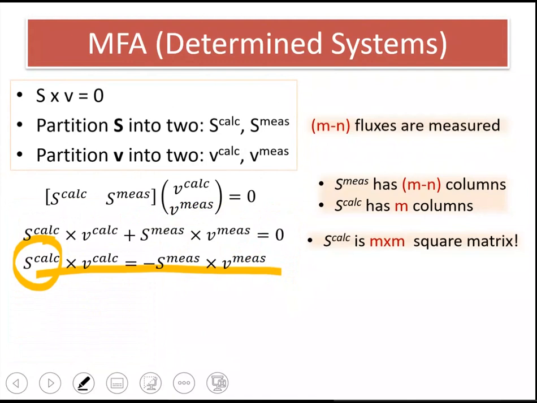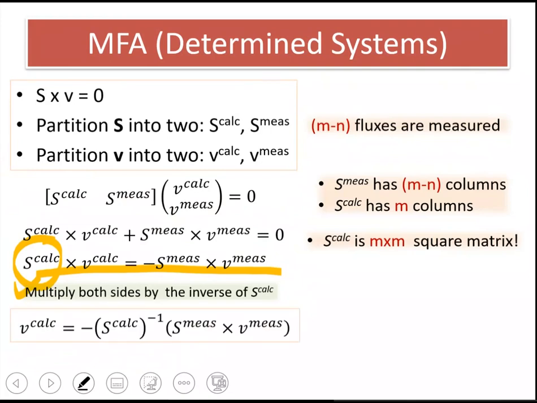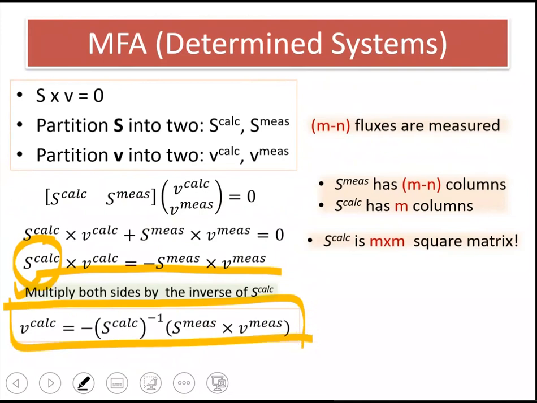Then I will get rid of S-calc on the left-hand side, and I will get an expression for V calc. So if I know my V measured vector, if I know S measured and S to be calculated matrices, I can use this formula to calculate my unknown rates.